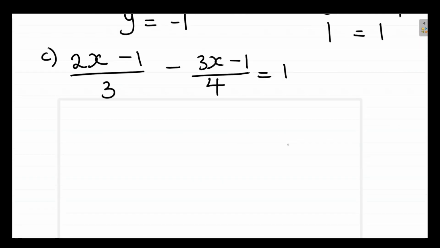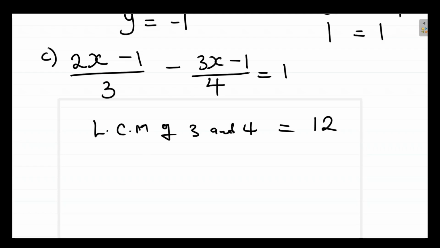Now, when you have an equation like this, the first thing you do is to look out for the LCM of the denominators. So we have that the LCM of 3 and 4 is equal to 12.